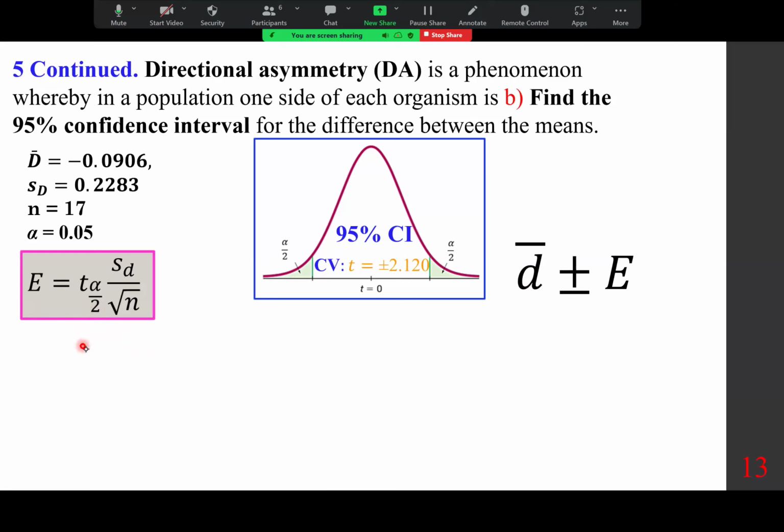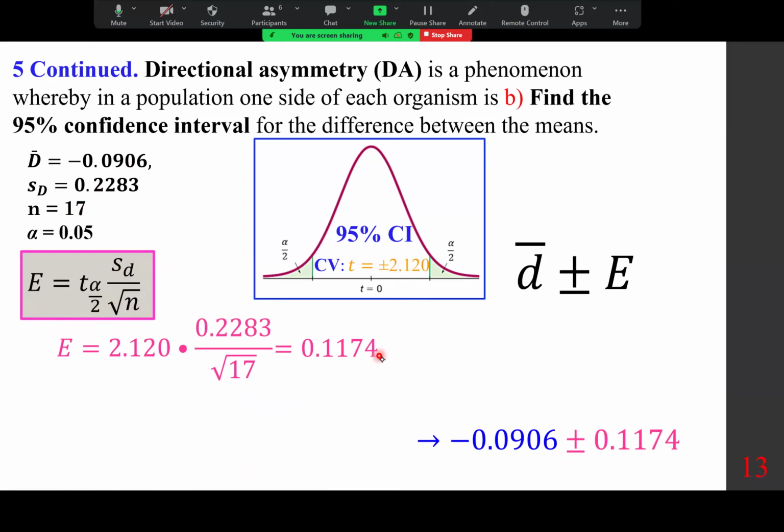It's the same thing in essence. So we have the t, which is this number. We have the S, which is this number, and the square root of n, which is 17. So it gives us 0.1174.